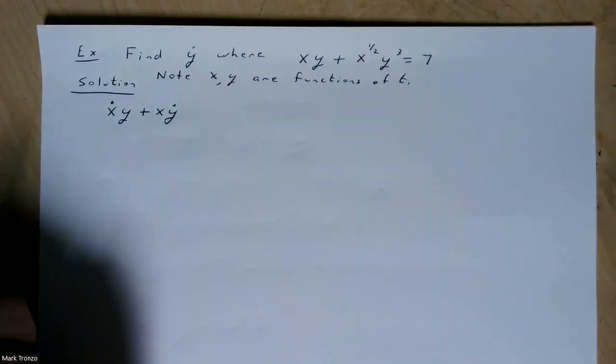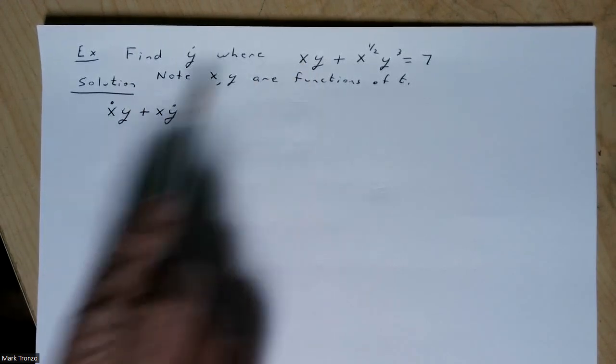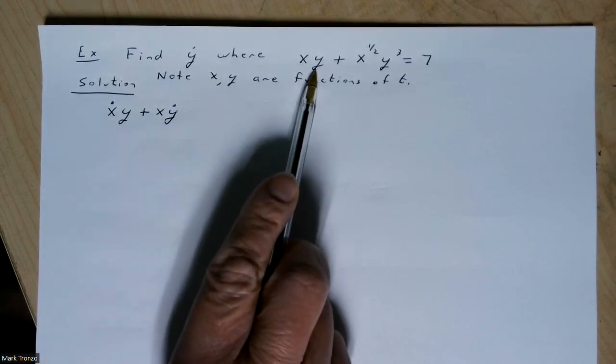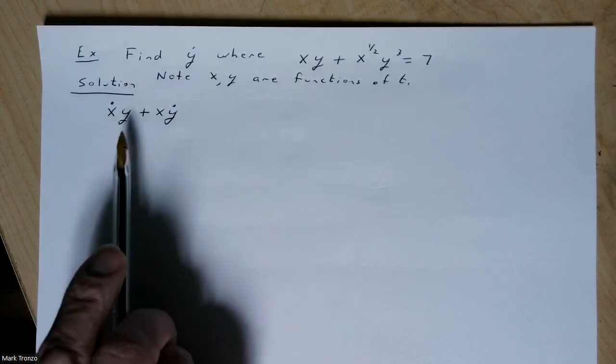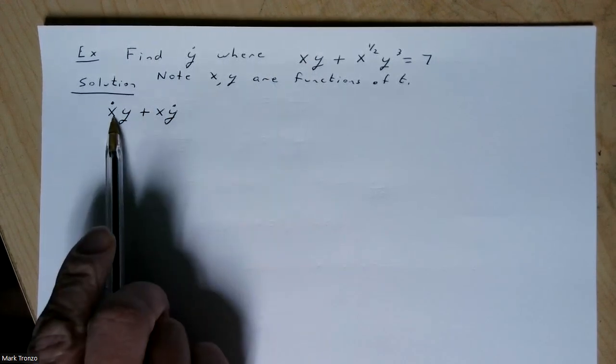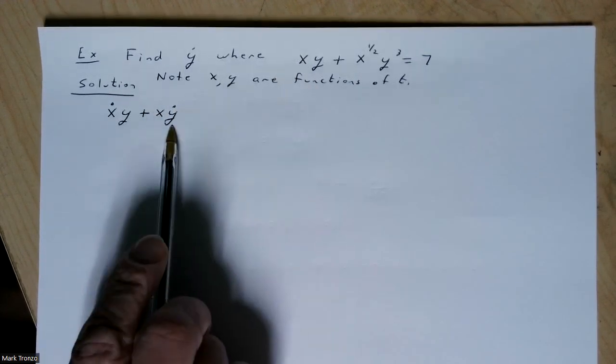Once again, we don't know what these functions of t are, so all we have to do is put x dot. And remember, if we just have an x here, the derivative is just x dot. We don't really have to do anything else. So we took the derivative of the first times the second plus the first times the derivative of the second.